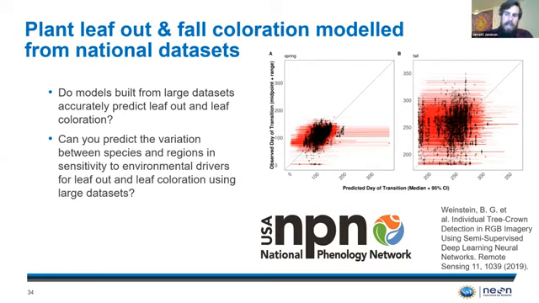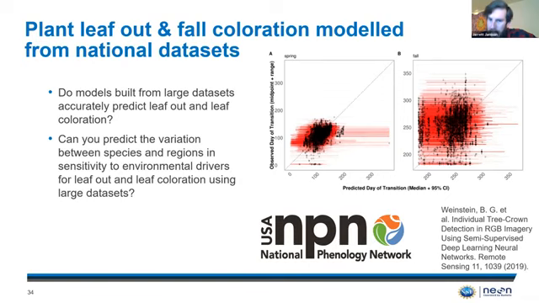They had a 9-year data set of observations from the National Phenology Network and a 4-year data set from NEON to quantify variation between species and regions in sensitivity to environmental drivers for both spring and fall leaf phenophases. They were able to create a good model for predicting this variation. And we can observe how good that is here in just a second.